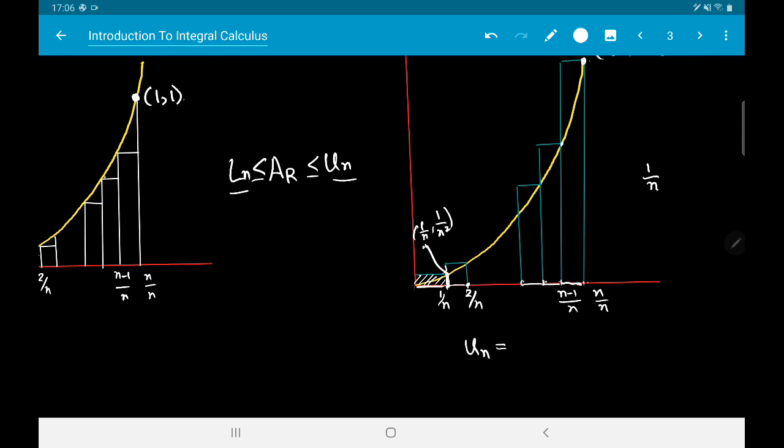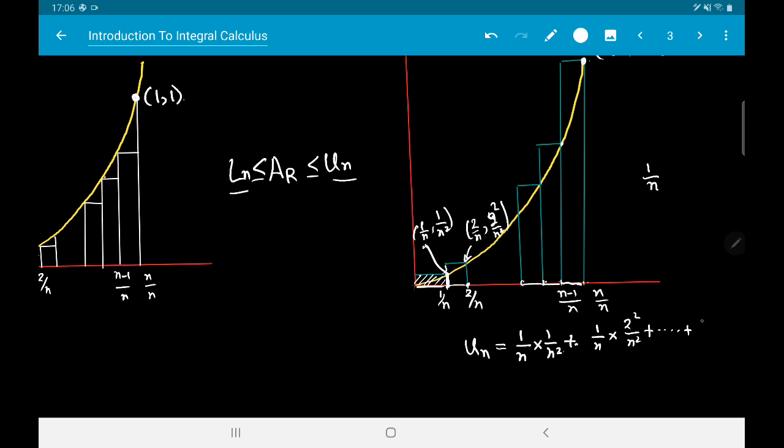So what is the area of the first rectangle? This is going to be 1 by n times 1 by n square. What is going to be the height of the second rectangle? You can now easily check: 2 square by n square. So 1 by n times 2 square by n square.